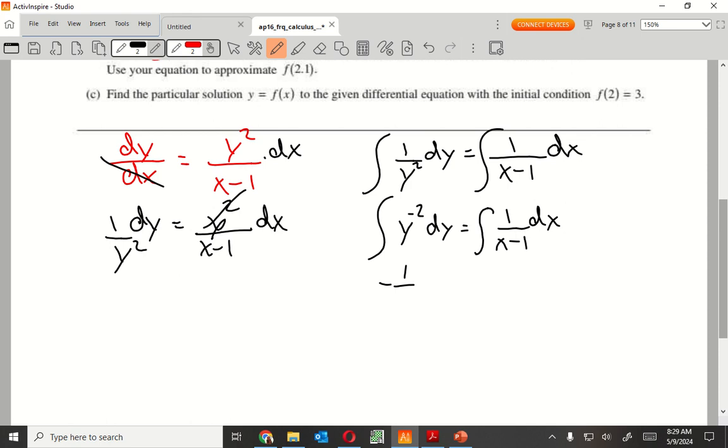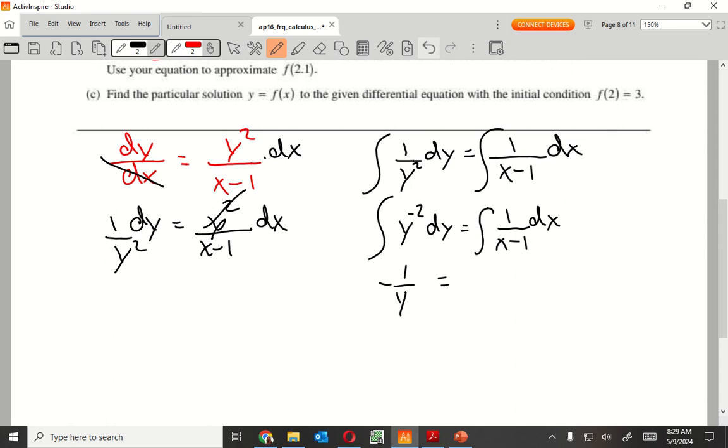I add 1. So that's going to become negative 1, so it's y to the first, because I already moved it to the bottom.